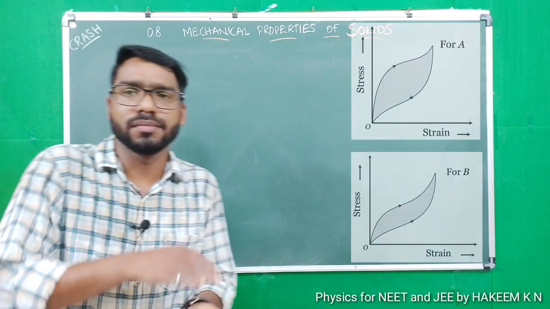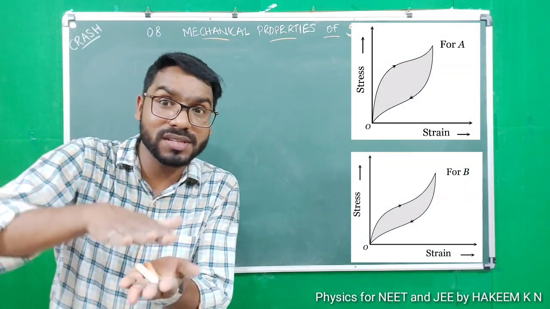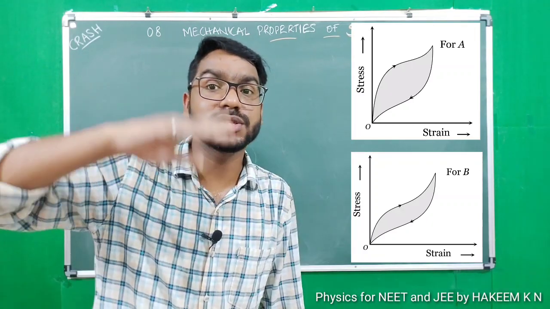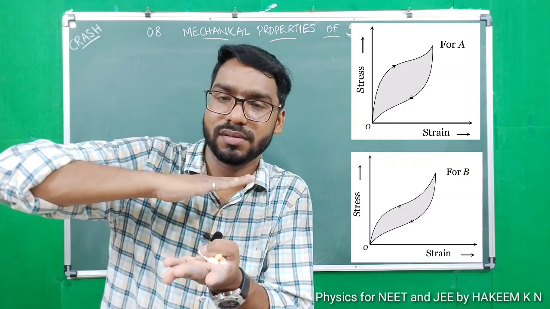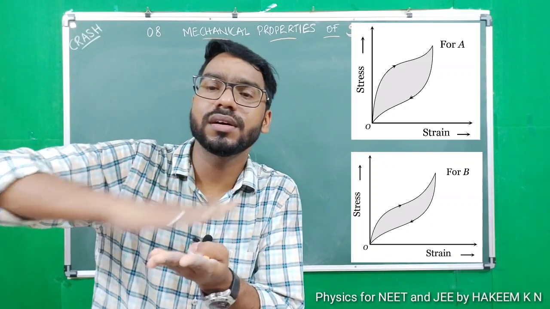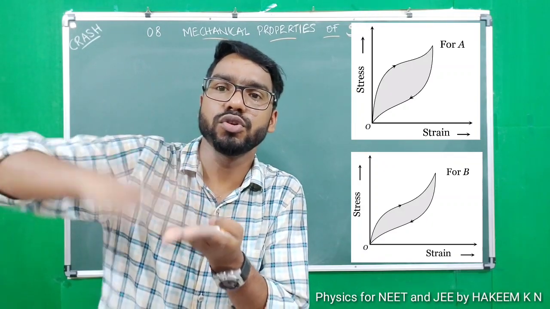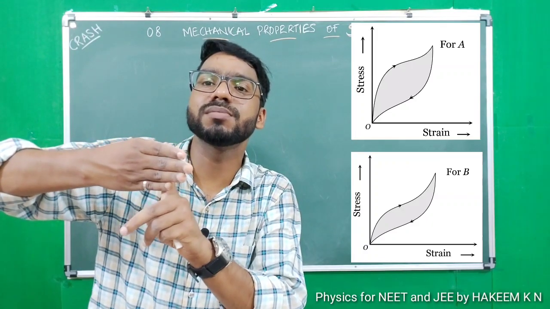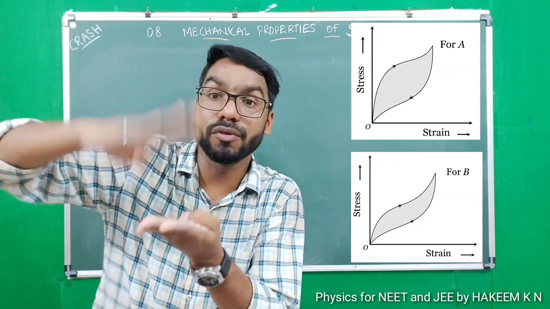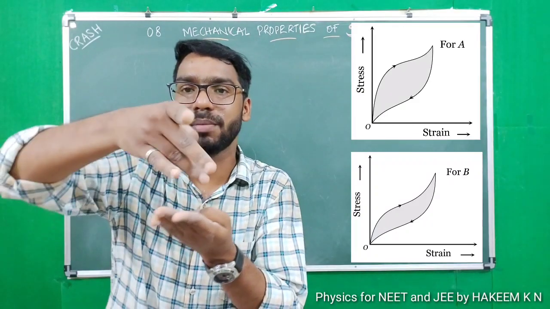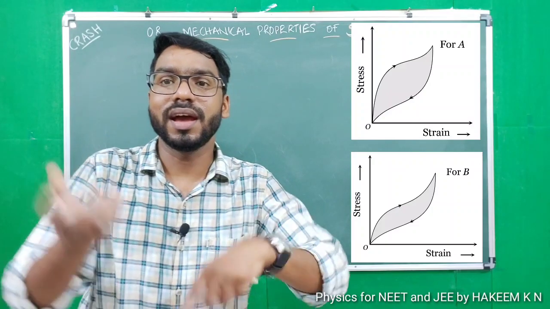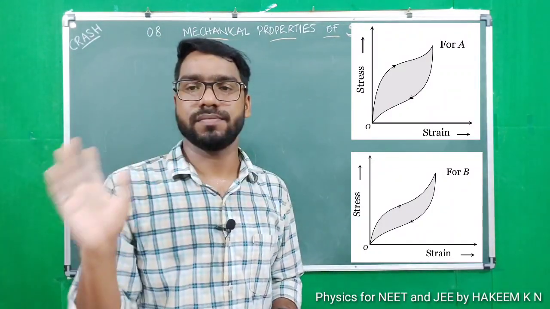You can see in some factories, machineries are placed above rubber sheets. If there is no such rubber sheet below the machinery parts, due to the vibration, parts of the machinery may be damaged, and the floor also may be damaged. That vibration can be absorbed by the rubber sheet and it is converted into heat.